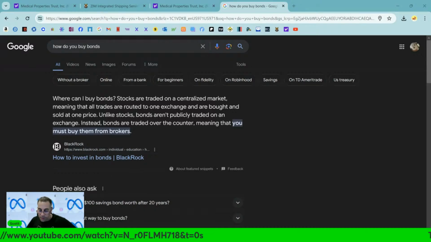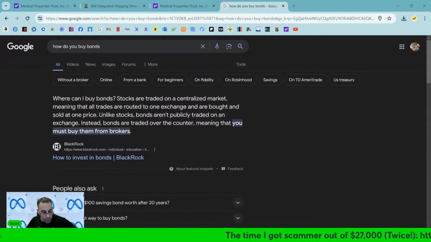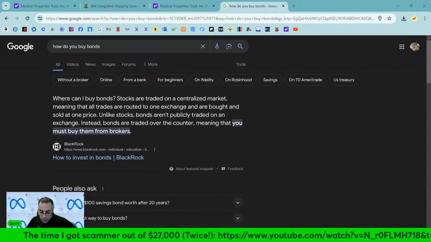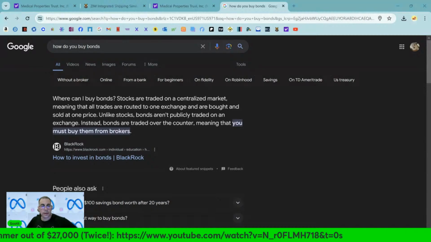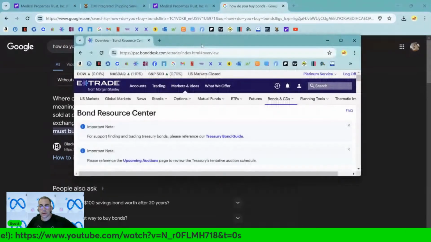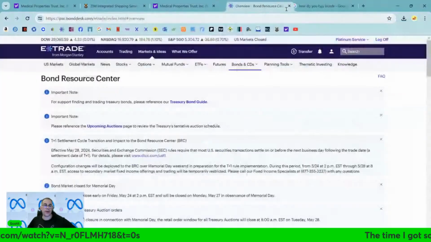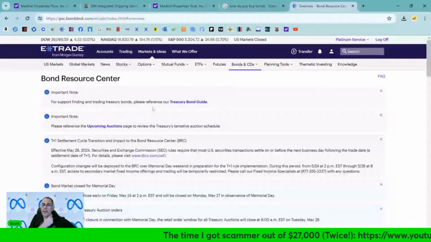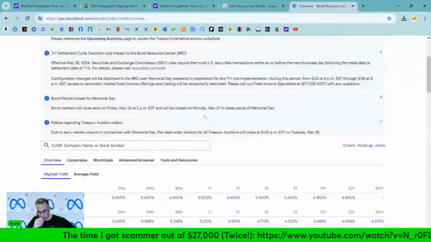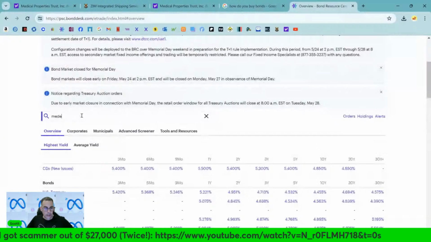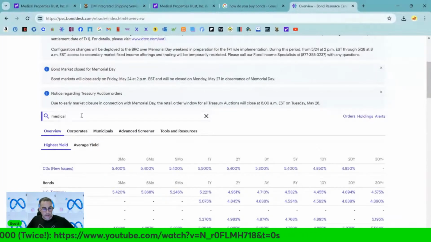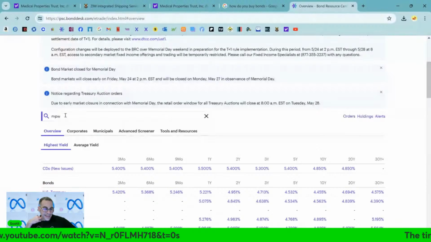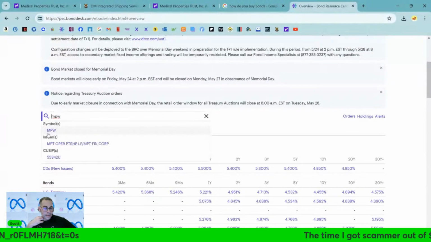Has anybody owned a warrant before? Okay. So you have to go to your brokerage account, and not all brokers sell bonds. Probably Robinhood wouldn't sell bonds, but okay. I'll type the ticker. MPW.